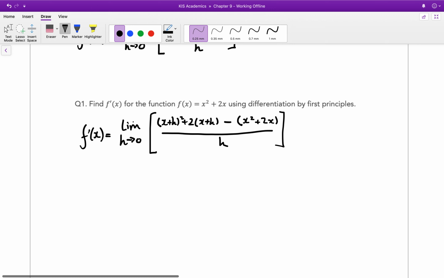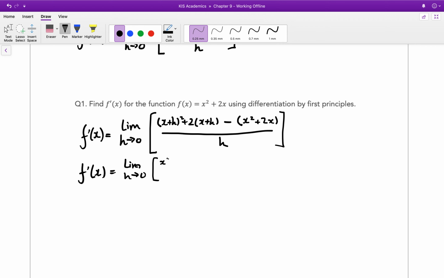So now it just comes down to simplifying this equation. So f dash of x is equal to the limit as h approaches 0. Make sure you do write this limit in every single line of working out. Let's expand (x plus h) squared.